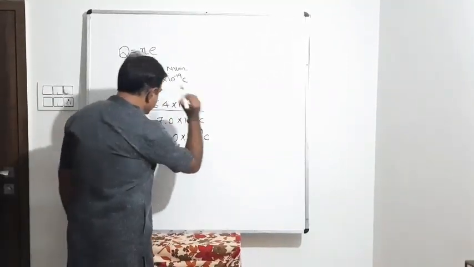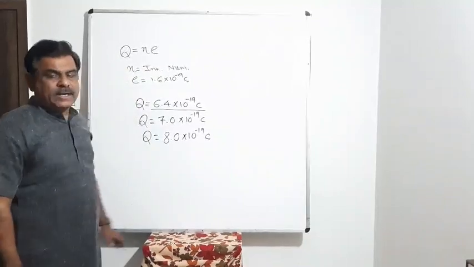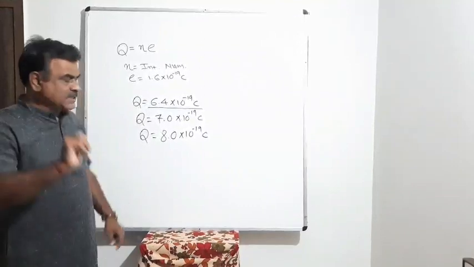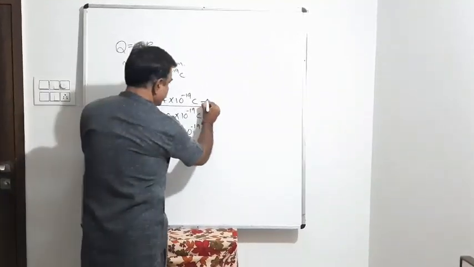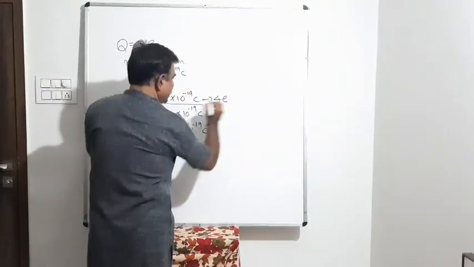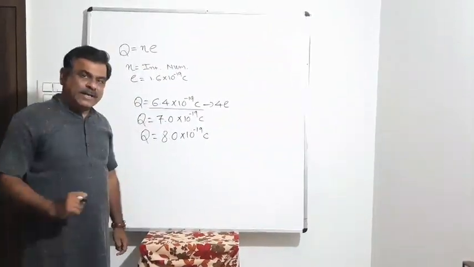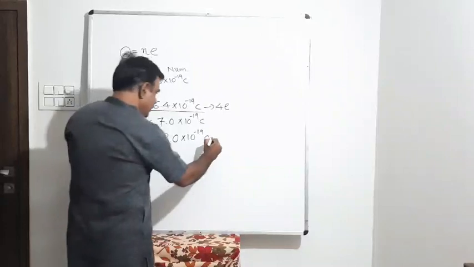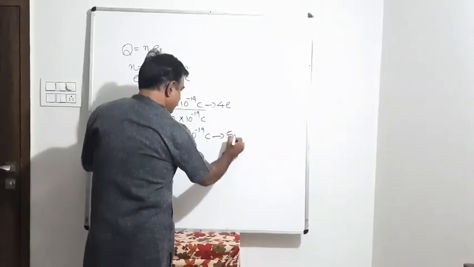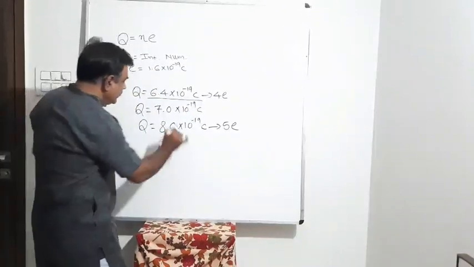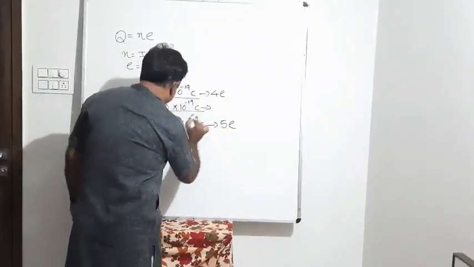First, 6.4 × 10^-19 coulomb. Is it a valid value of charge? Yes, because it is 4 times the charge of the electron. Charge of electron is 1.6 × 10^-19 coulomb. This is also valid, 5 times the charge of electron, but this is not a multiple of e.